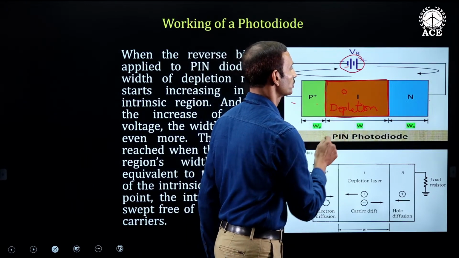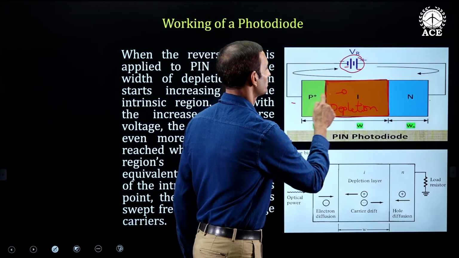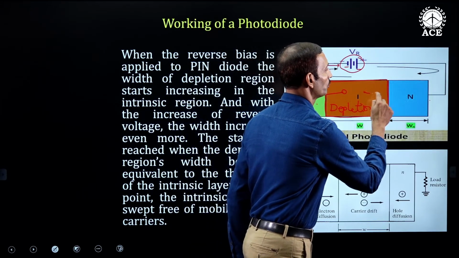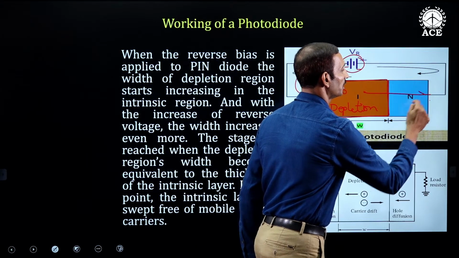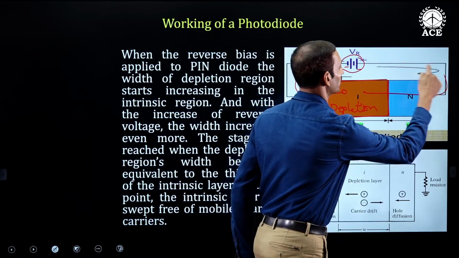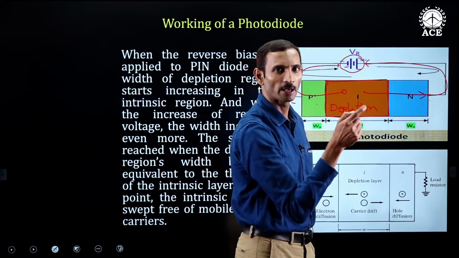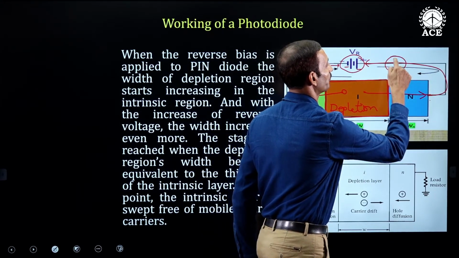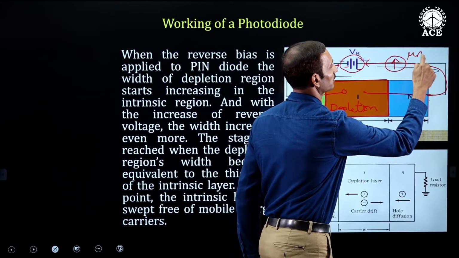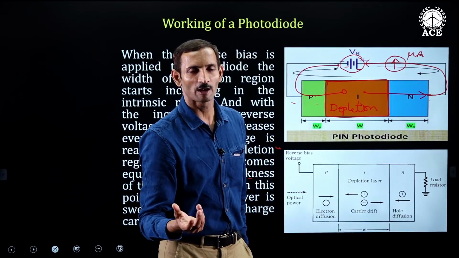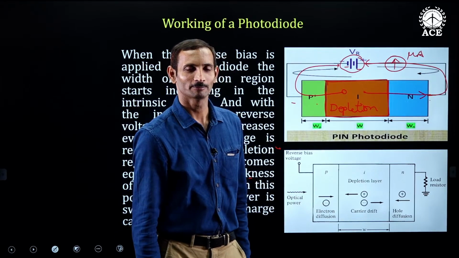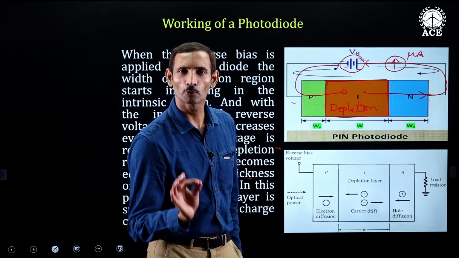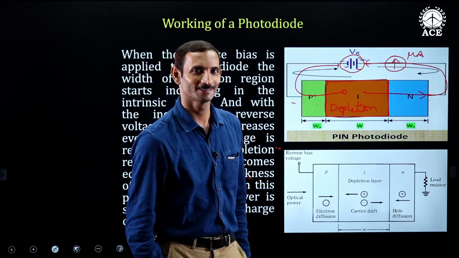A hole moves towards the negative terminal of the battery, and an electron moves towards the positive terminal, thus constituting current. If you keep a microammeter or a sensitive galvanometer, there will be deflection. This is photo detection. We are detecting light. Understood?